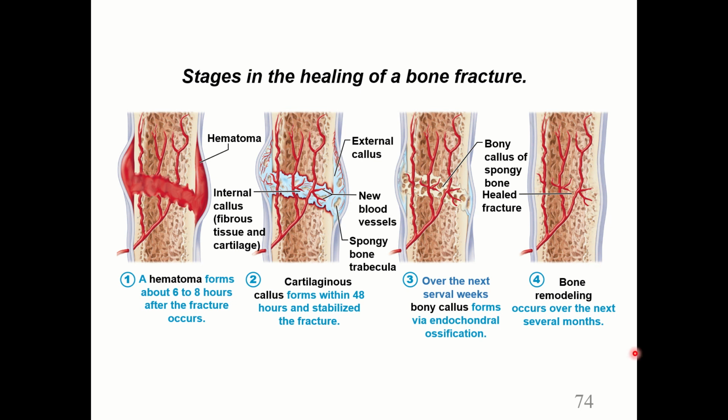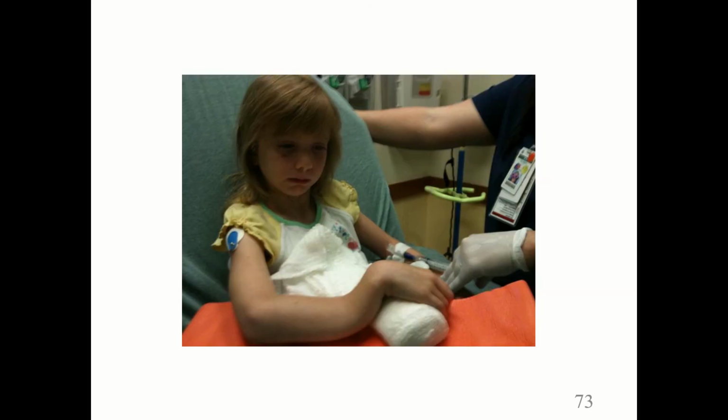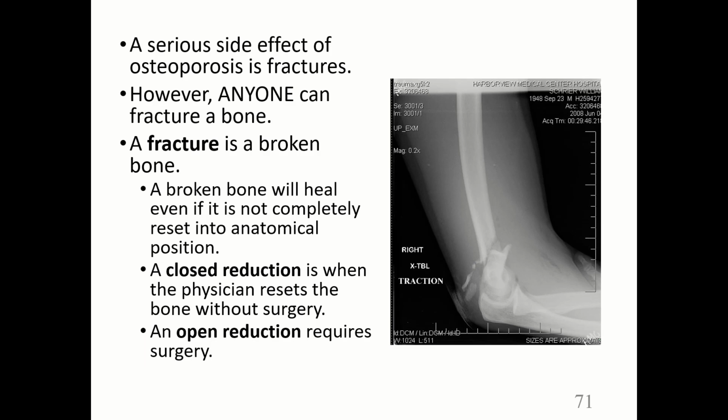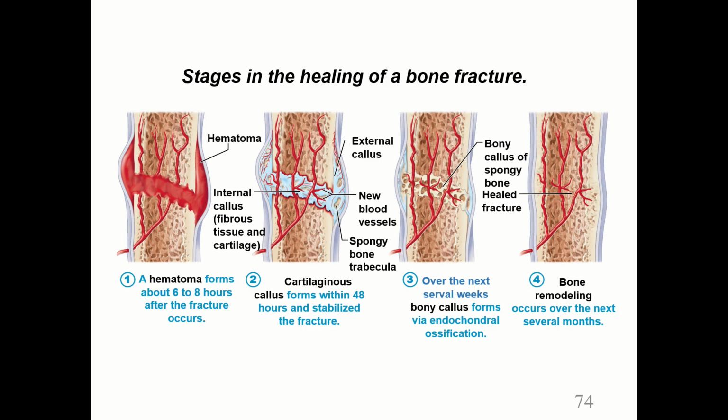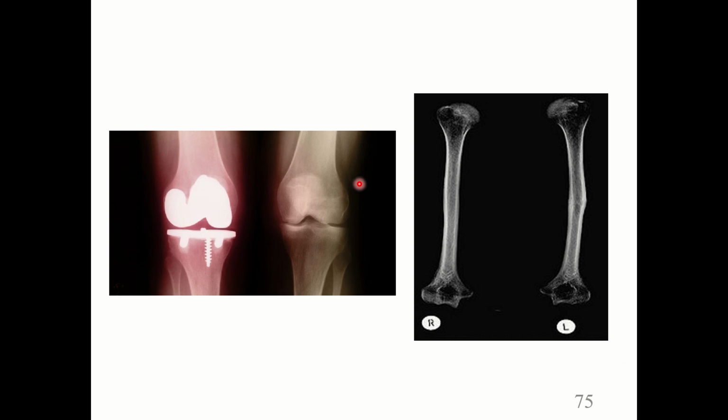Sometimes bone fractures can be severe enough that, if surgery, like an open reduction, has to occur, sometimes pins and such may need to be put into the bone, but otherwise the bone is going to end up resembling the original bone. Here is a picture of a patient who had to have pins put into their fractured bone.